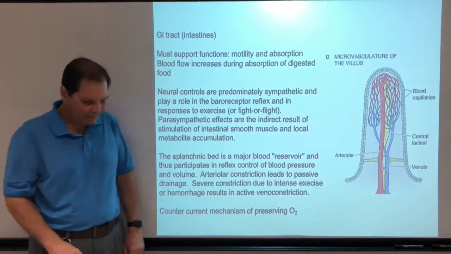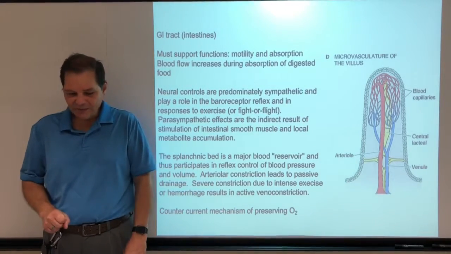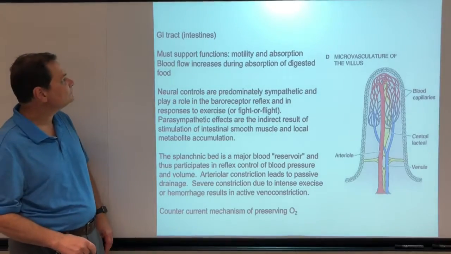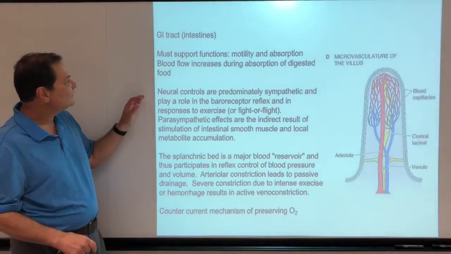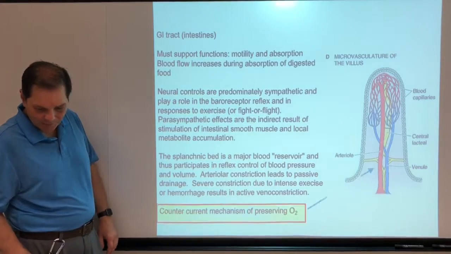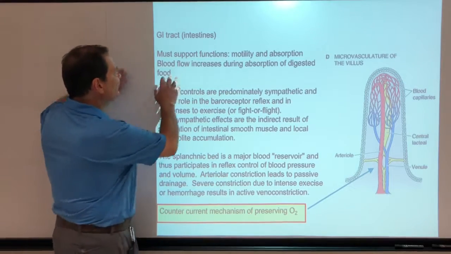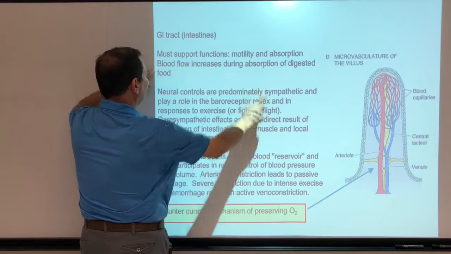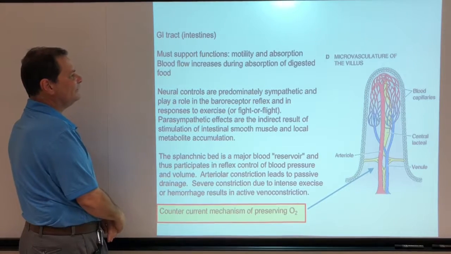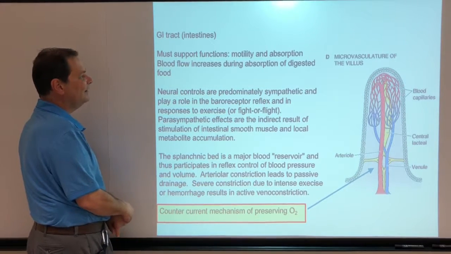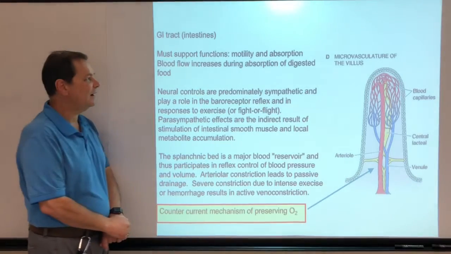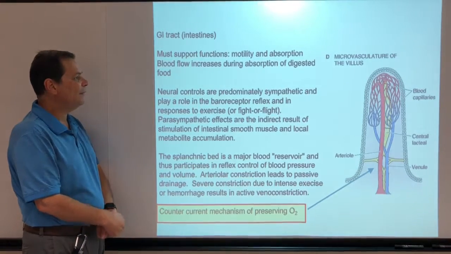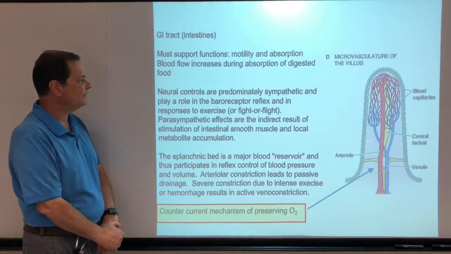All right. Let's talk a little bit about the GI tract. Blood flow has to support a lot of functions: motility, absorption, okay? Blood flow increases when you are digesting and when you need to pick up more nutrients, okay?